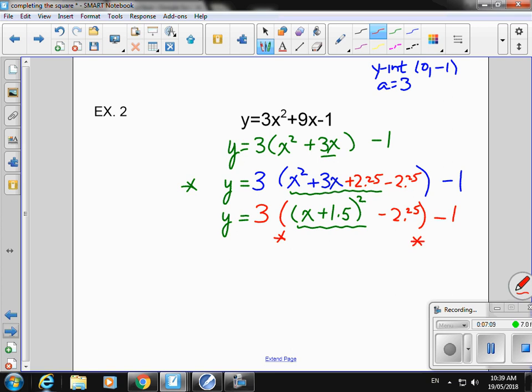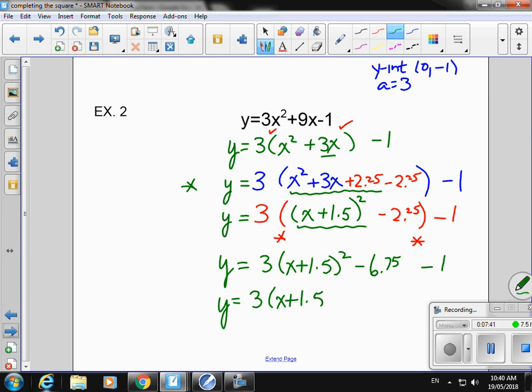I introduced them when I factored out the 3, and I had to do that. So now I need to get rid of them by doing the distributive law. Y equals 3 squished up to x plus 1.5 squared, and then also 3 times -2.25, which is -6.75. Okay, and then I still had to subtract 1. One more step. Y equals 3 squished up to x plus 1.5 squared, subtract 7.75.